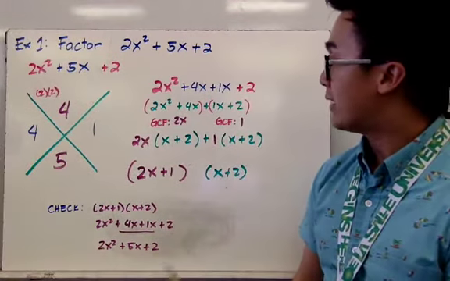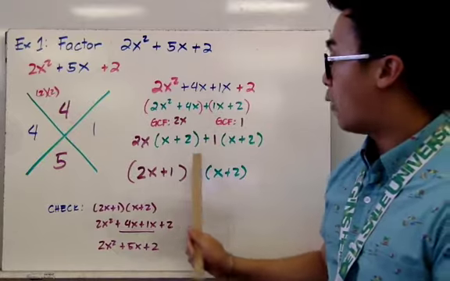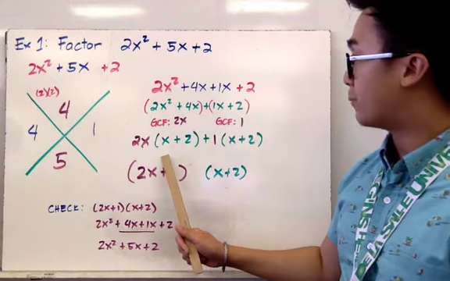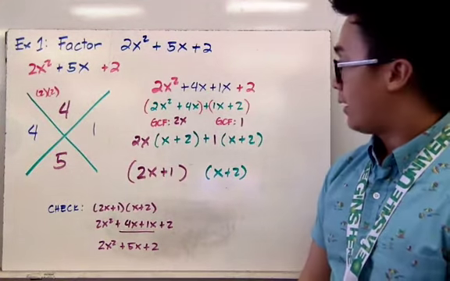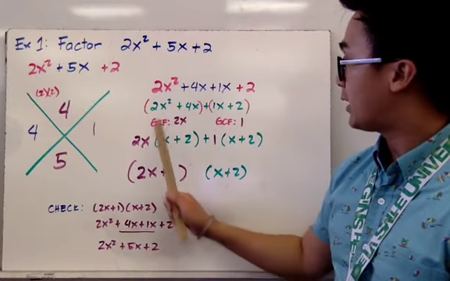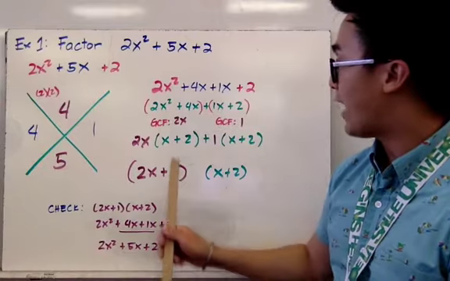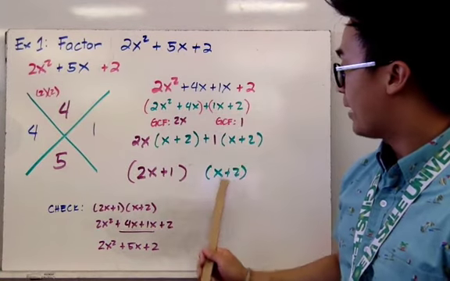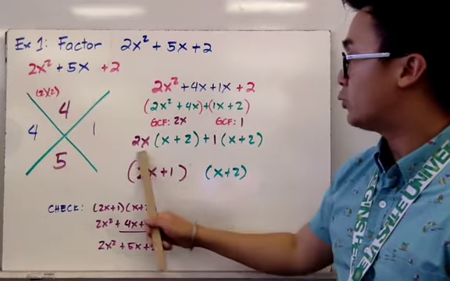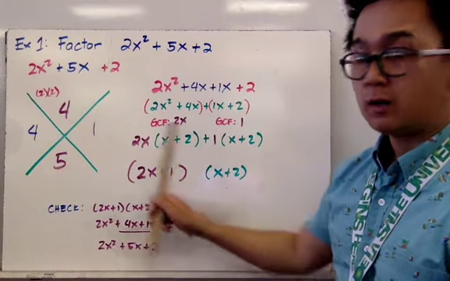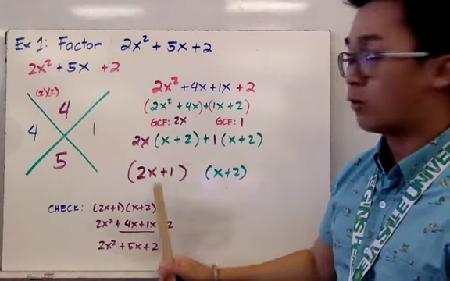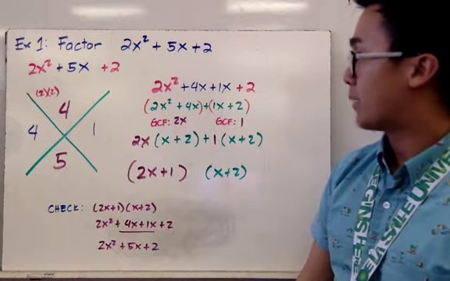You will notice that in this stage, our parentheses are the same, because now we have generated a common factor between our two groups. In this case, we're now able to factor out x plus 2, and we are left with 2x plus 1 from our second stage factoring method.